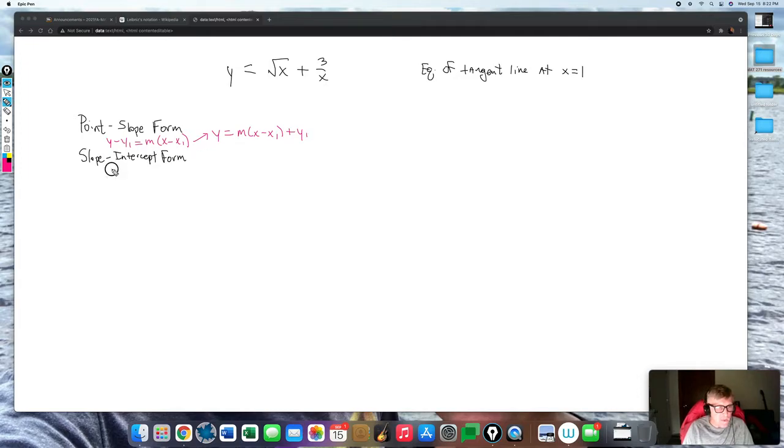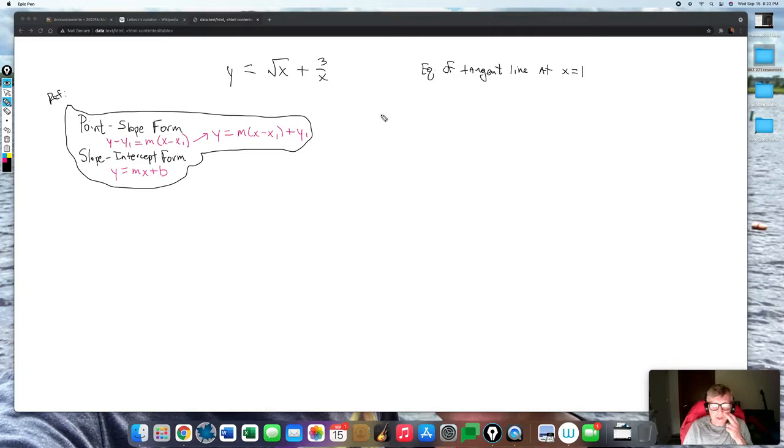The slope intercept form, of course, is y equals mx plus b. So if you multiply m times negative x1 and add y1, then you're going to get your y-intercept, right? That's kind of how that rolls from your previous experience. Okay, so we're going to keep that in the bag for the way to write the answer. We're going to keep that for reference.